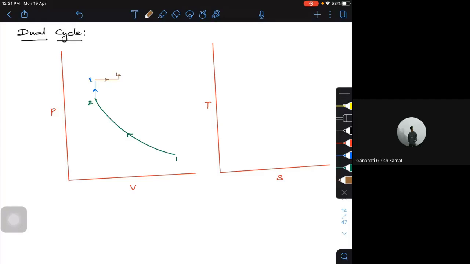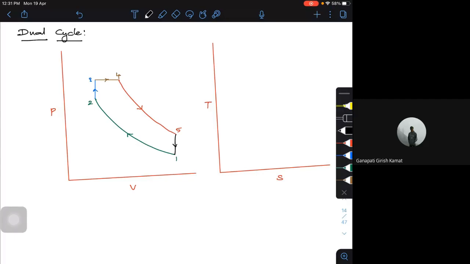Then we allow the expansion process to 5, and then we have the constant volume heat rejection process to 1.